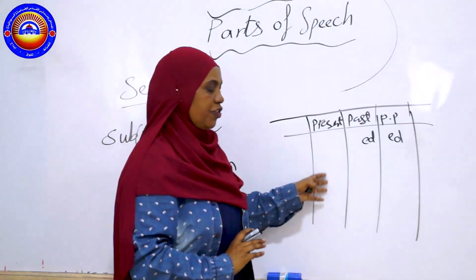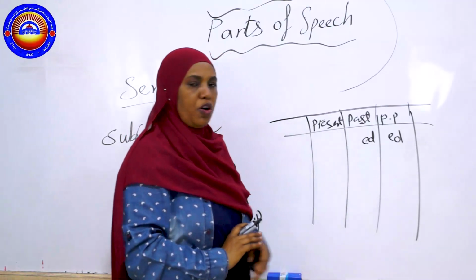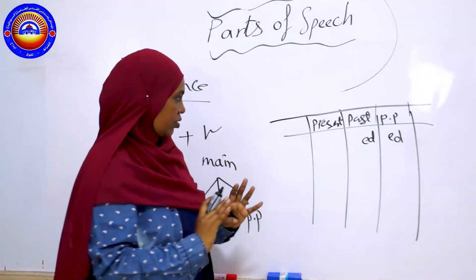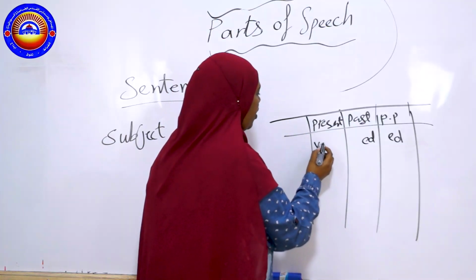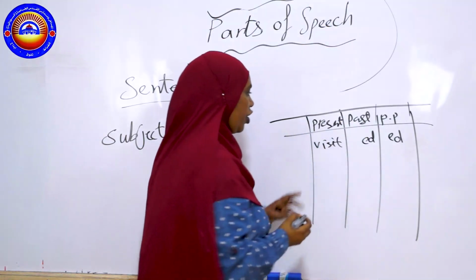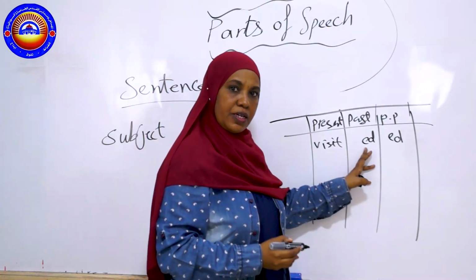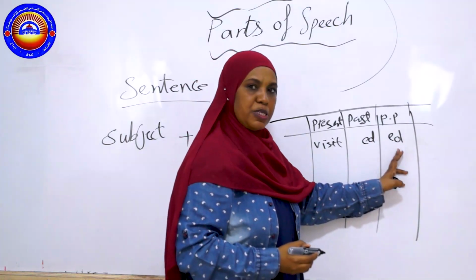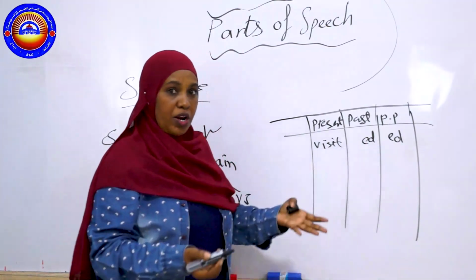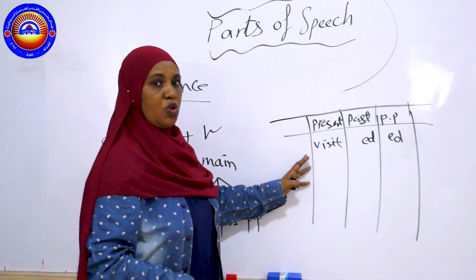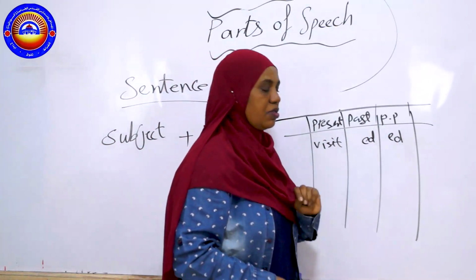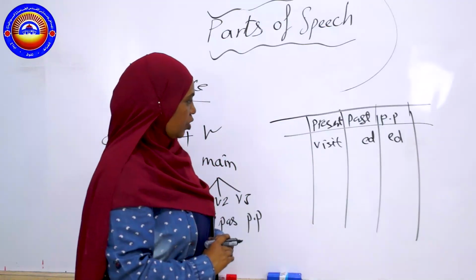What is the past of this word? What is the past participle of this word? Some words come like visit. This one always ends with ed in the past and with ed in the past participle. It's called the regular verb. So the regular main verbs are always like this, no problem with that, as I told you.